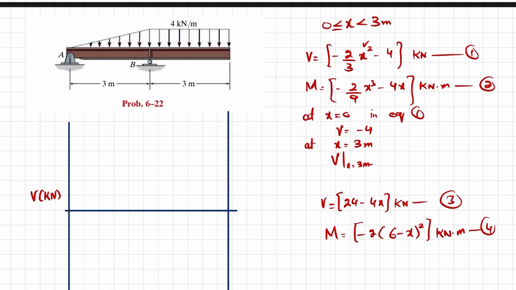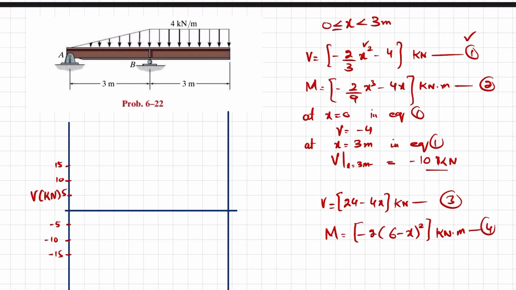When you put x is equal to 3 meter in equation 1, you will get V is equal to minus 10 kilonewton. Okay, so we will plot it. Let each point be of 5: 5, 10, 15. Similarly, minus 5, minus 10, minus 15.